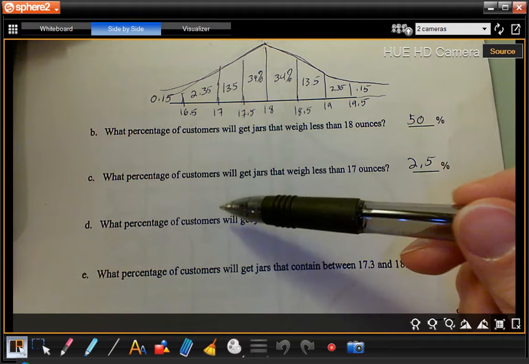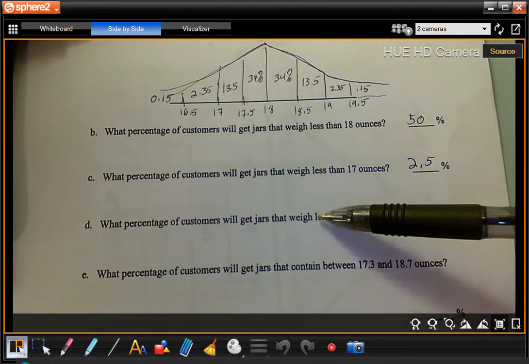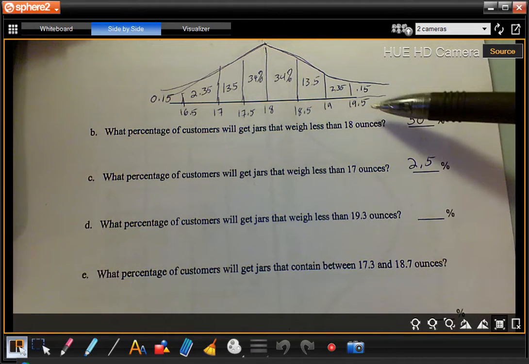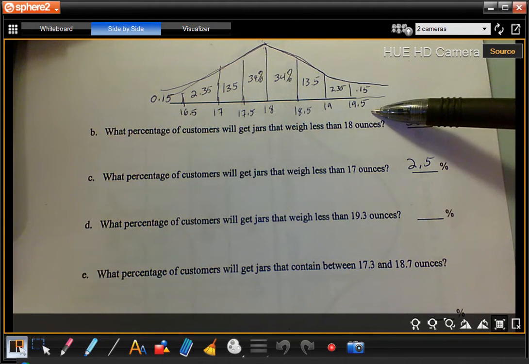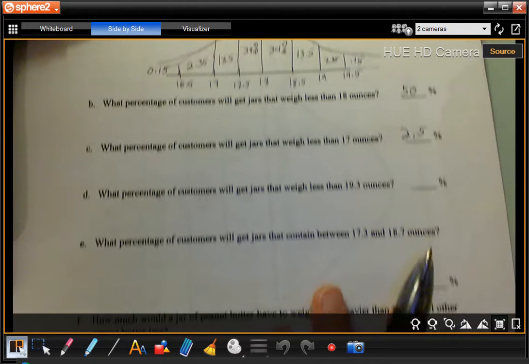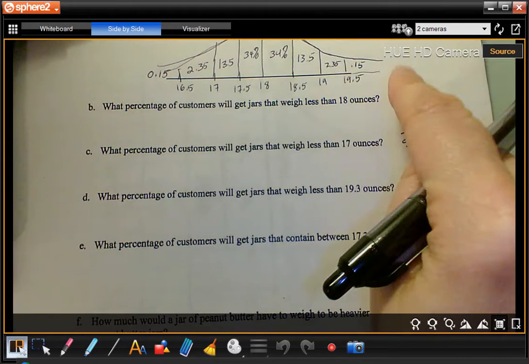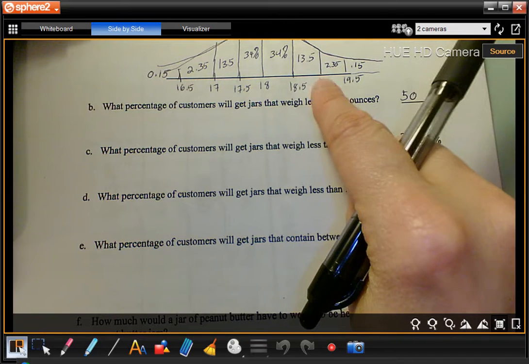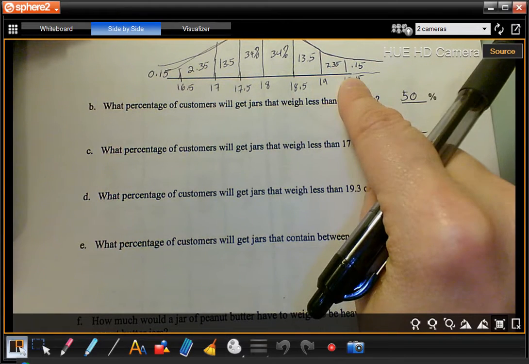What percentage of customers will get jars that weigh less than 19.3 ounces? Do we see 19.3 up here? No, this is when we have to do our z-score at this point, because it is not a regular standard deviation. It's somewhere between, this is 1, 2, it's somewhere between 2 and 3 standard deviations away.